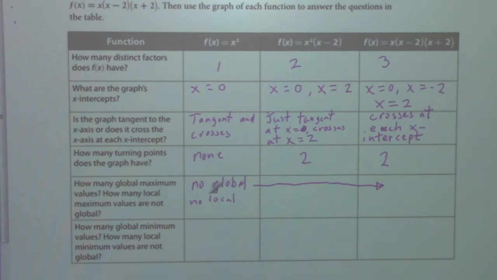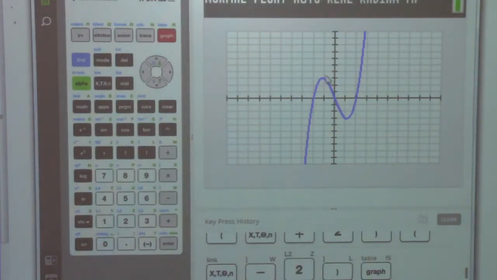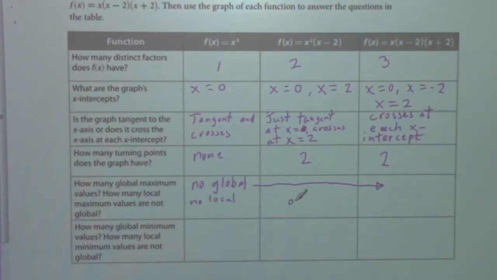There's one local maximum value, which looks like it's about 3. So there's one local max, and over here one local also, right?